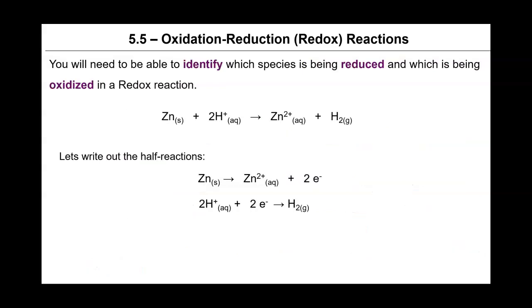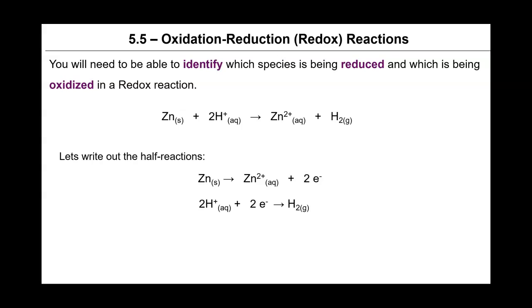An important skill is to be able to identify what species is being reduced and what species is being oxidized in a redox reaction. So let's say we were given the balanced equation: zinc reacts with 2 hydrogen ions to form zinc 2+ and hydrogen gas.